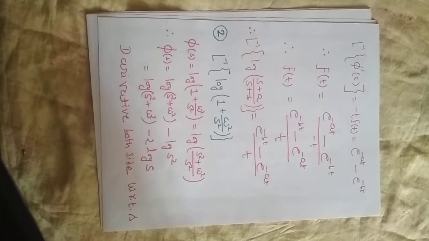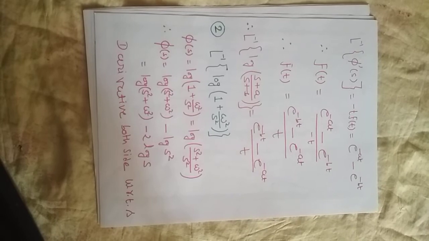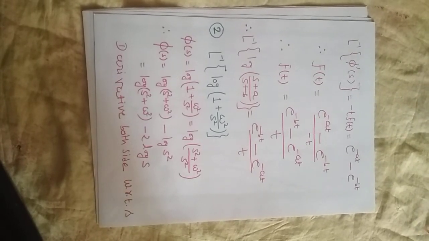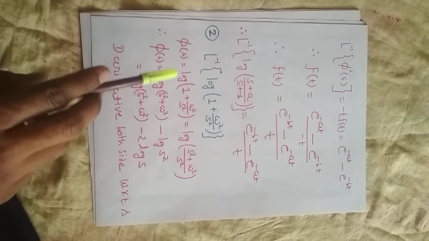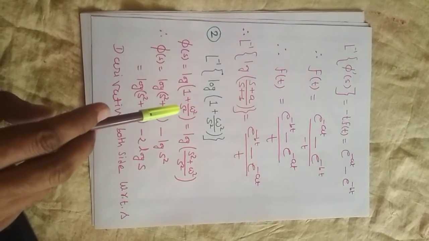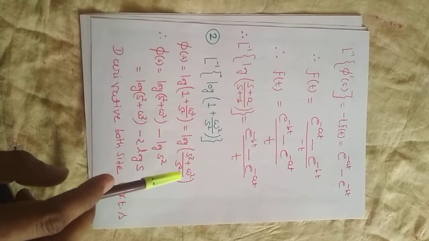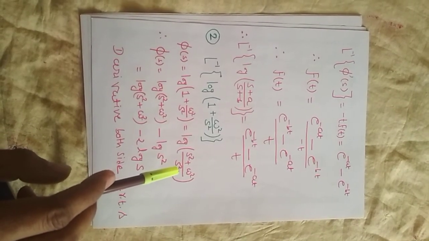It is a similar type to the above example: log of 1 plus omega square upon s square. So phi of s will be log of 1 plus omega square upon s square. That can be written as log of (s square plus omega square) upon s square.